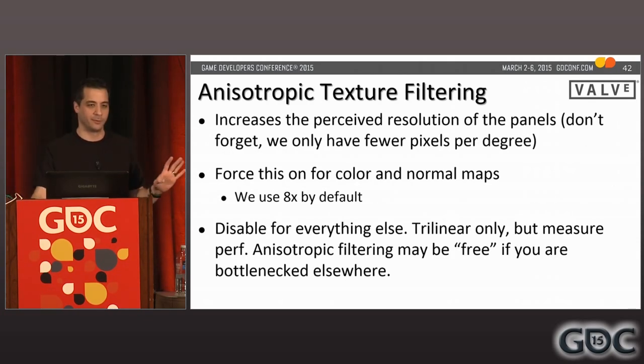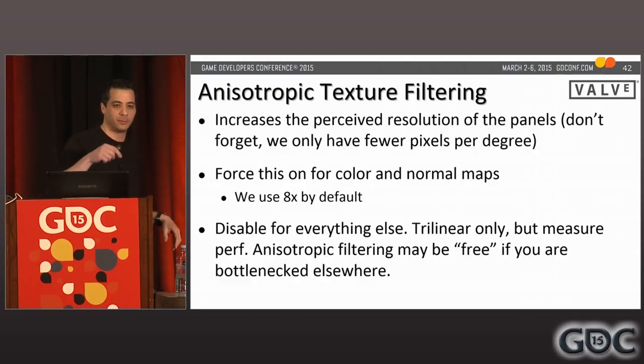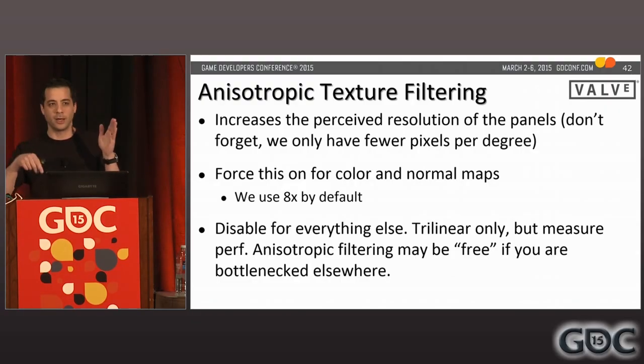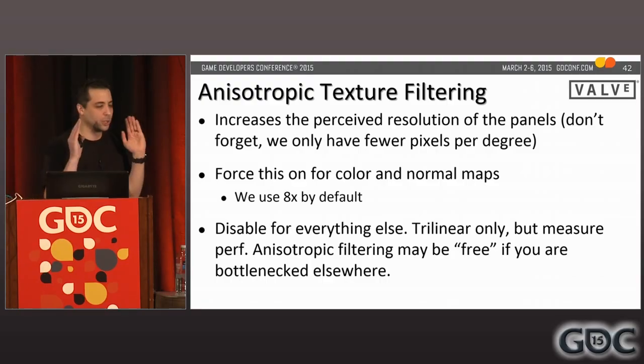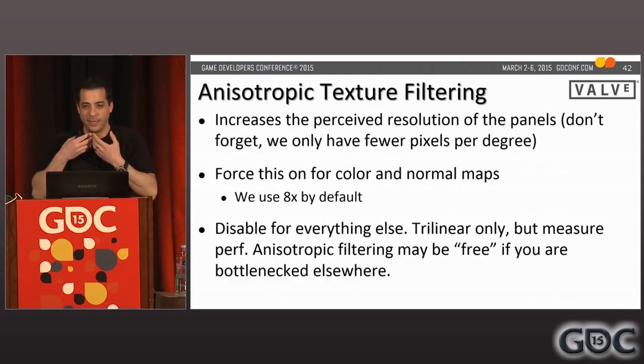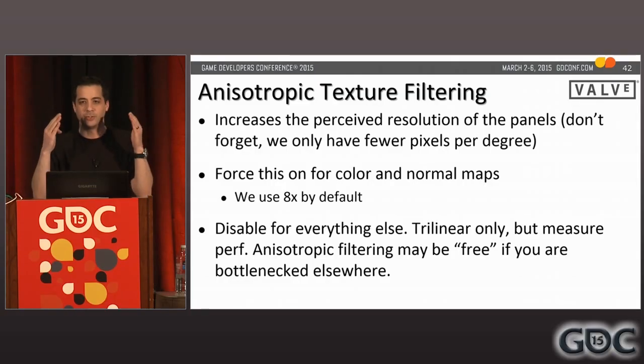Anisotropic texture filtering, 3 seconds on this: use it. We have it forced on to 8x for all of our color and normal maps, okay? When you make it toggleable in your engine, if you're in VR and you toggle on anisotropic texture filtering of your color maps, the HMD, I swear, looks like it has higher resolution panels in front of you. Something about those pixels being nice and crisp as they go into the distance buys you so much visually.